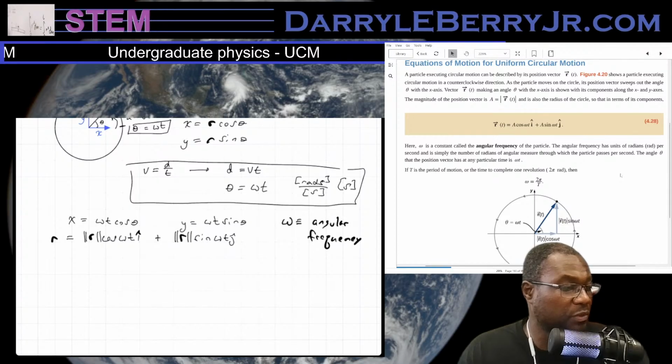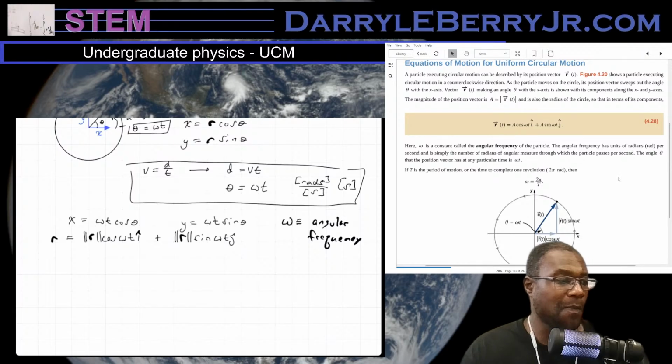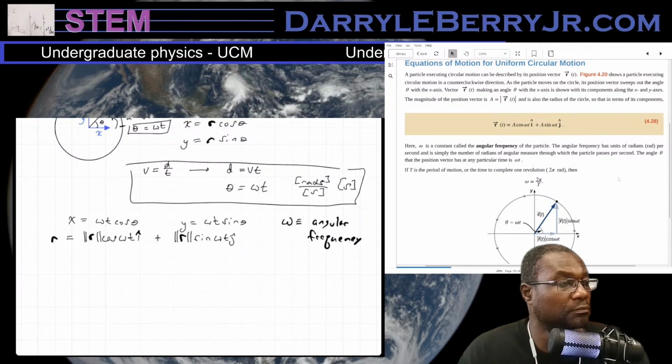T is the period of motion, or the time to complete one revolution, 2 pi, then omega equals 2 pi over T. Let's think about that one. Okay, that makes sense.